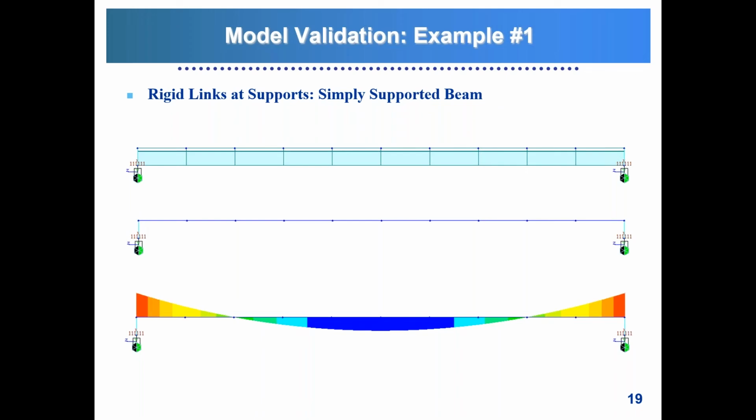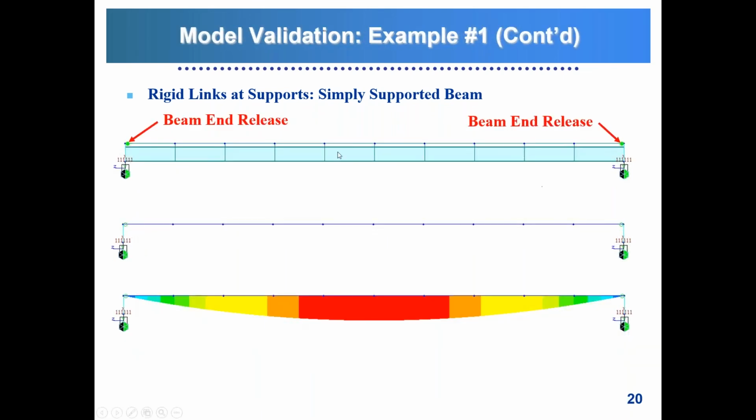Again, unless you take your time and look at these, you're not going to see what's wrong with the model. This has to do with the support not being at the CG of the section. That will become a little more clear in the next example. The fix for this is adding beam end releases at the end.